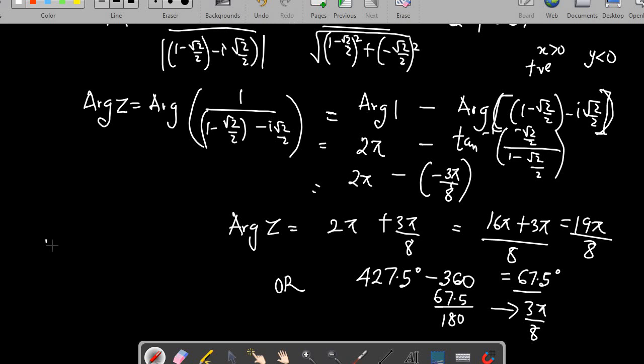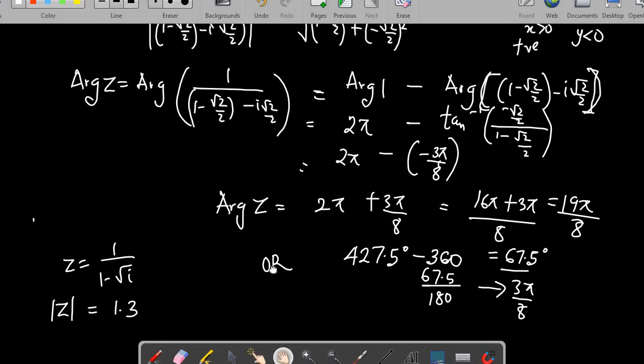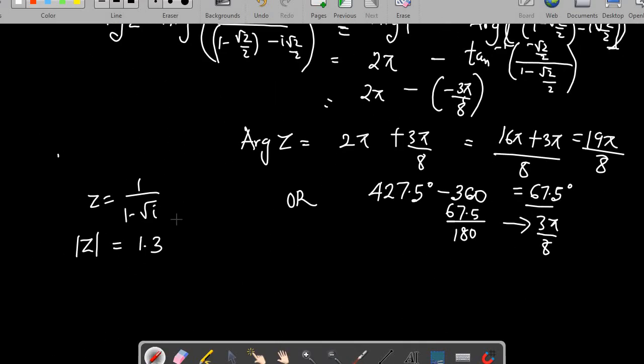All right, so the modulus of z, where z is 1 over 1 minus root 2 over 2 minus i root 2 over 2, the modulus is 1.307 or 1.31, and then the argument is 3 pi over 8.